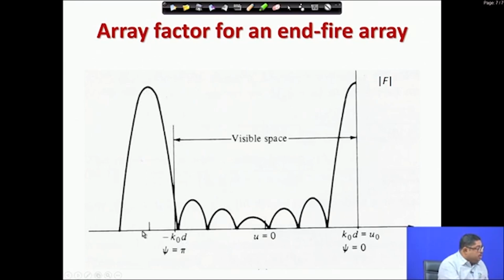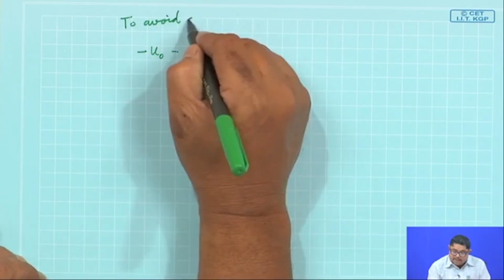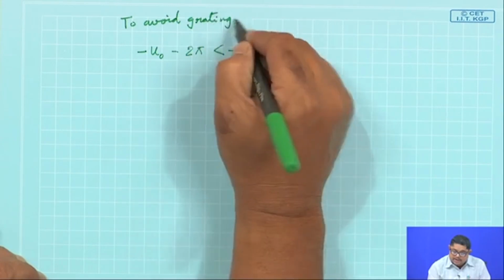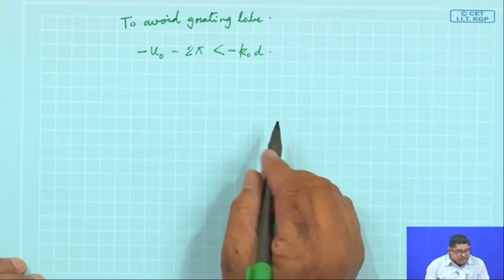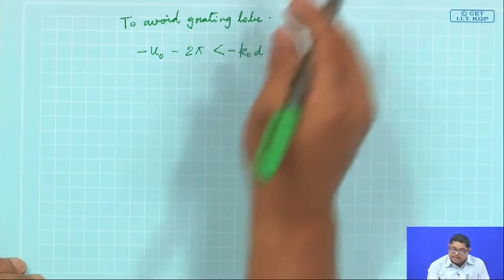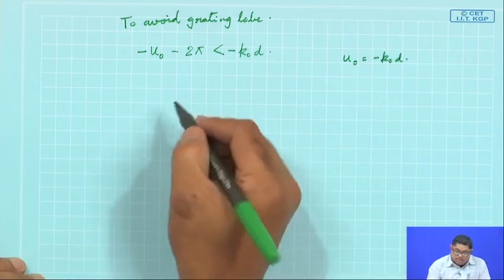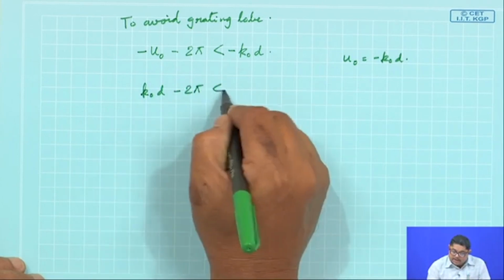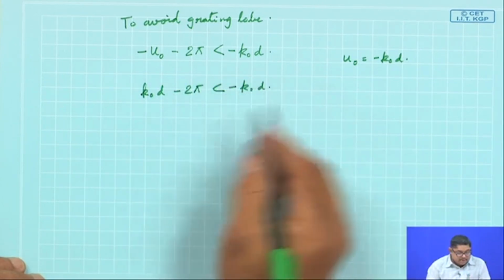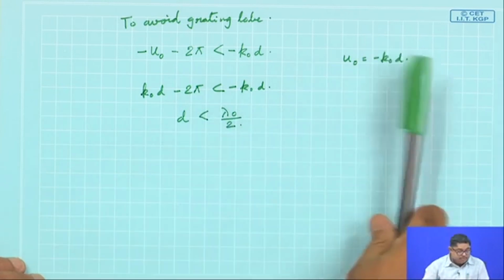So, this should be beyond minus k naught d, that means less than minus k naught d, that is the condition to avoid grating lobe. For Endfire we have seen that u naught is minus k naught d. So, putting it here, k naught d minus 2 pi less than minus k naught d. If you solve this, it says that d should be less than lambda naught by 2.